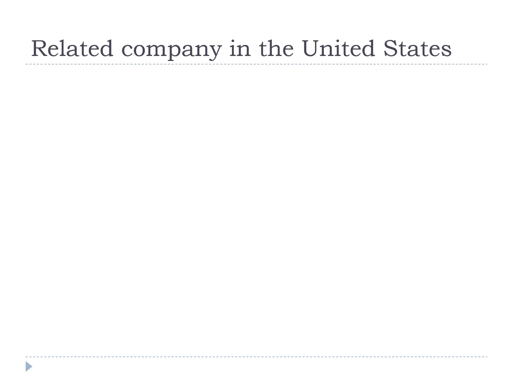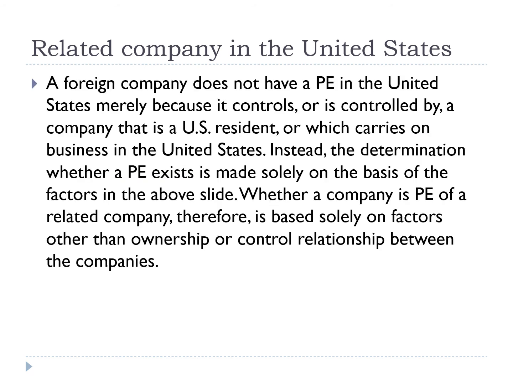The existence of a related company in the United States does not, by itself, cause a foreign person to have a permanent establishment in the United States. A foreign company does not have a permanent establishment in the United States merely because it controls or is controlled by a company that is a U.S. resident or which carries on business in the United States.